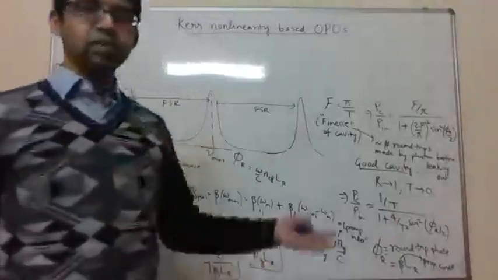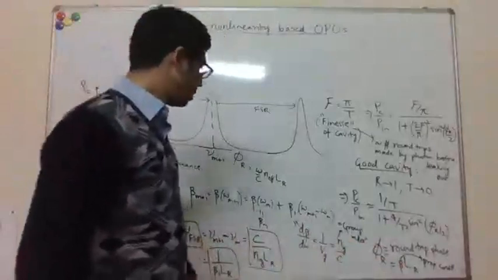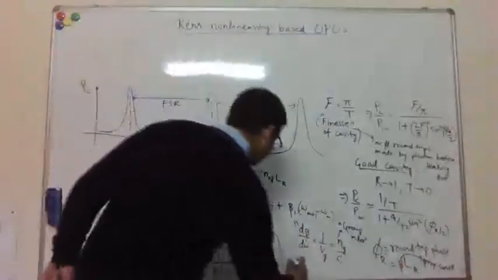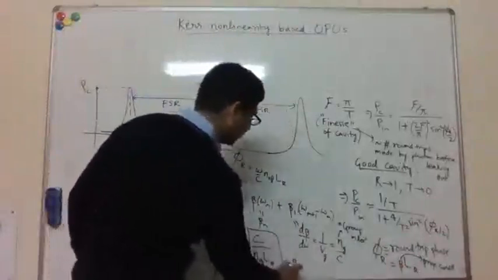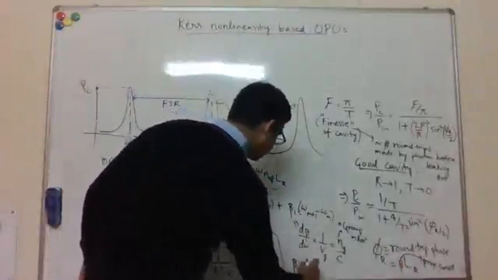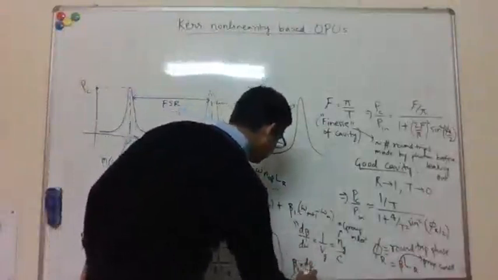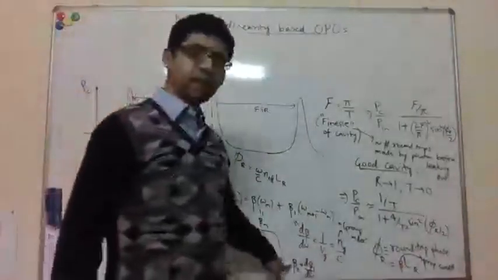When the second derivative, so when the d beta 1 by d omega, so again recall, we had defined the second derivative of beta, which was beta 2, d beta 1 by d omega, and this was the GVD parameter.